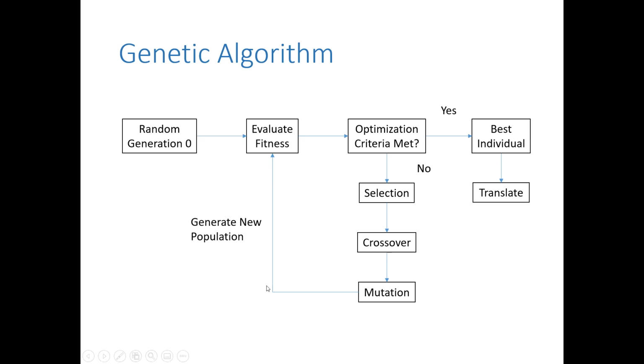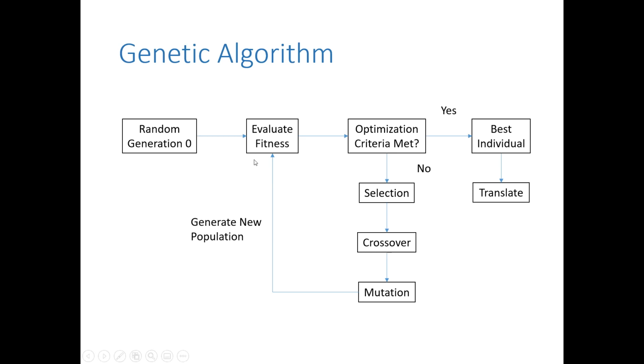So this is a typical flow of the genetic algorithm. First, we generate a generation, we call it generation 0, randomly. You can imagine there are a number of individuals representing solutions to a problem, and they are generated randomly.